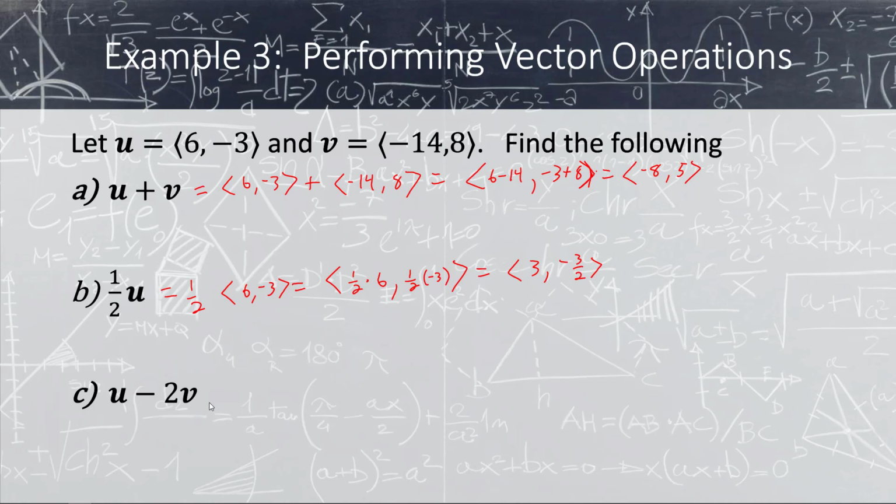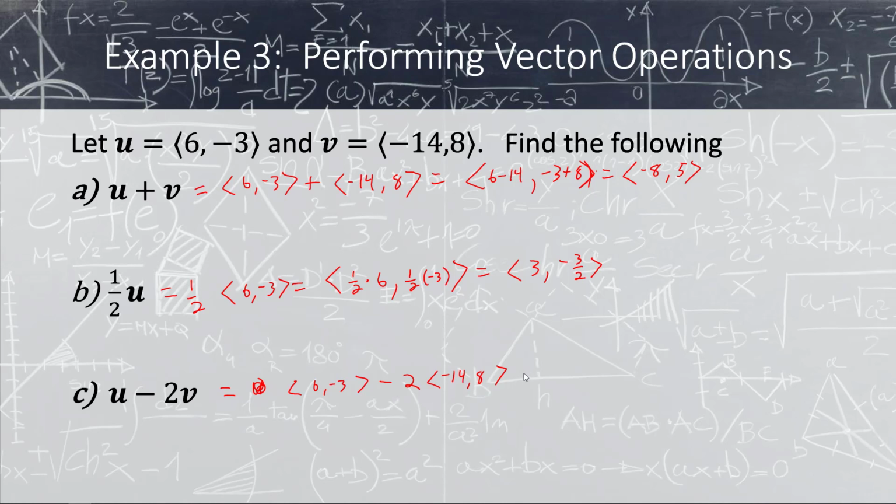And then finally here, we have subtraction of one vector with a scaled version of another vector. So this will be u. No, we already have u. This will be 6 comma -3 minus 2 times the vector -14 and 8. And we want to use the same order of operations that we have done for number systems.